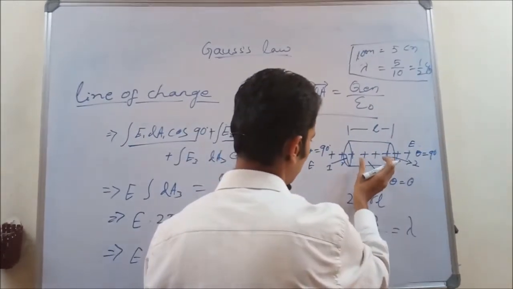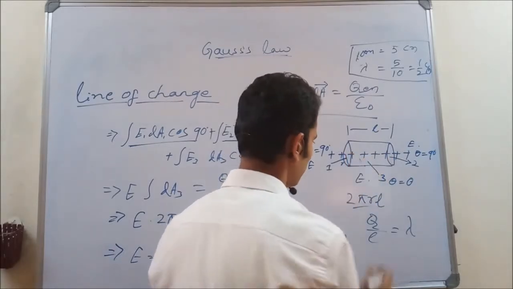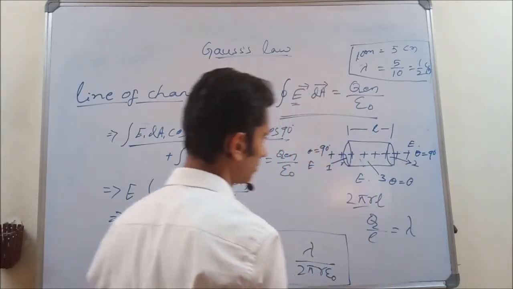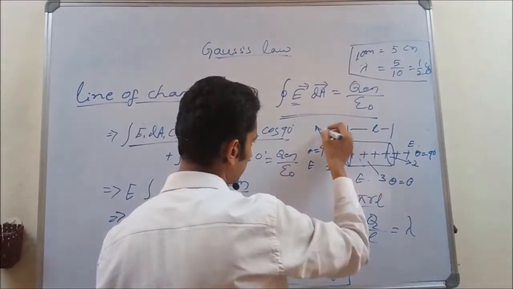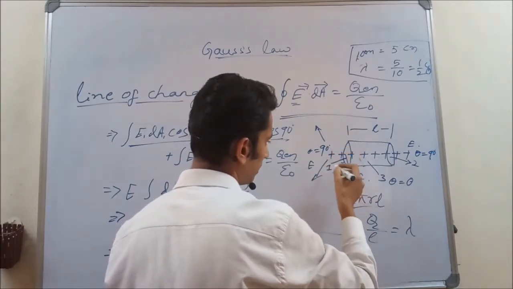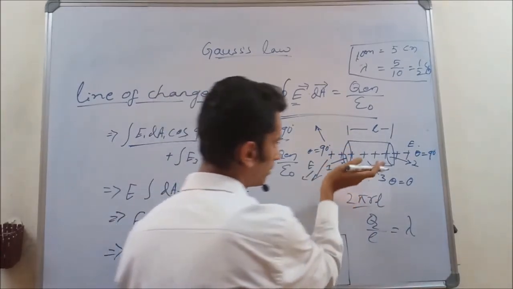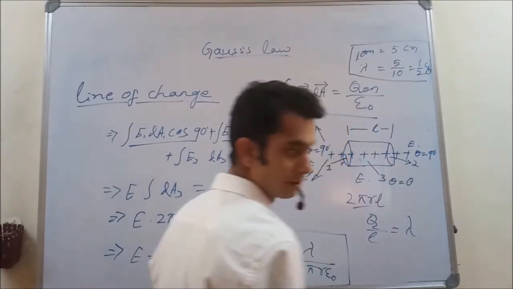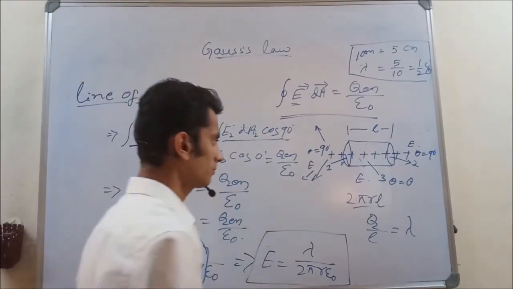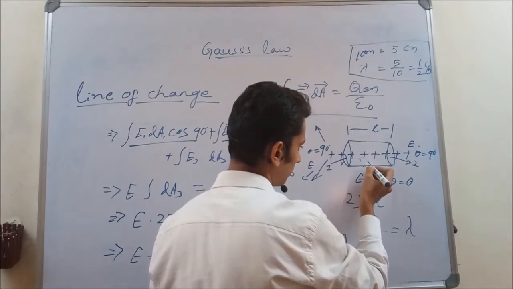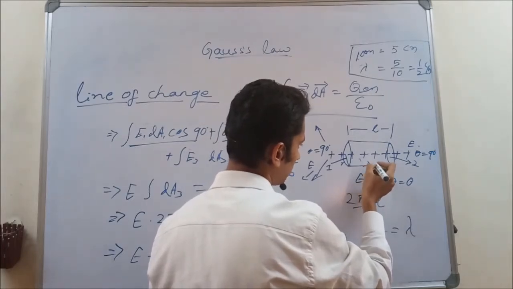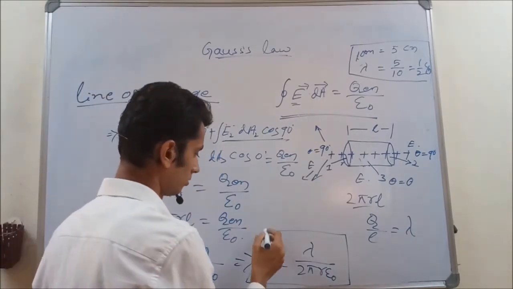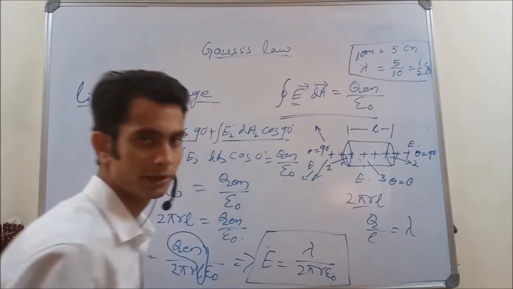We should take a small cylinder as compared to the length of the wire, because at the ends the lines of force change direction. And the point where we have to find the electric field should be at the middle of the Gaussian surface. So E is equal to lambda by 2 pi r epsilon 0.